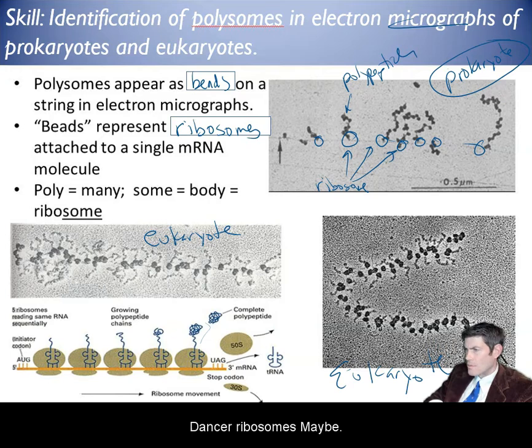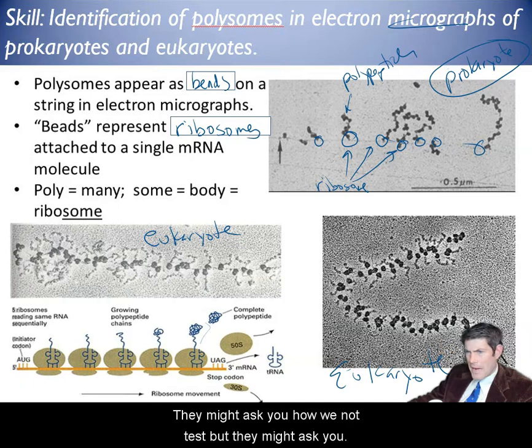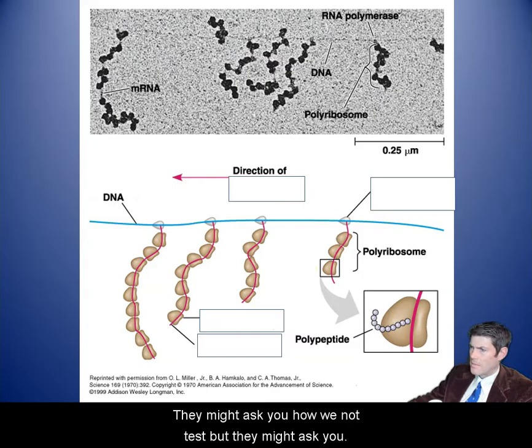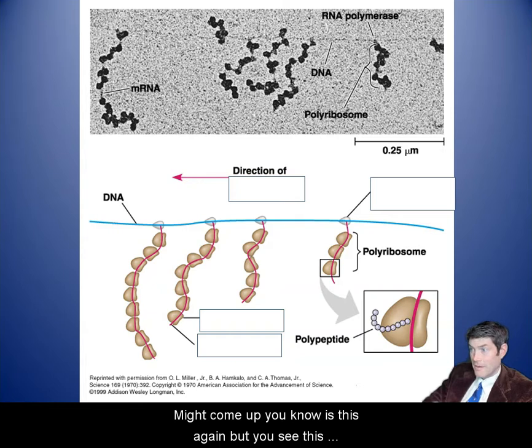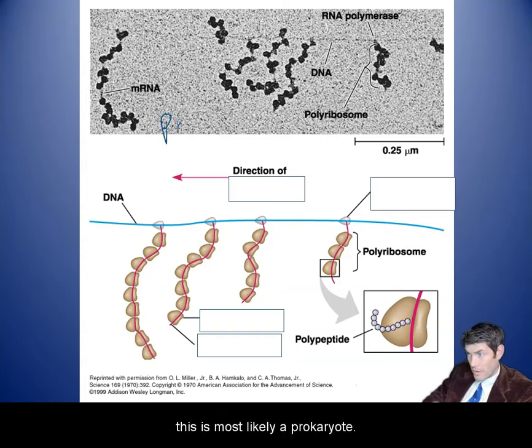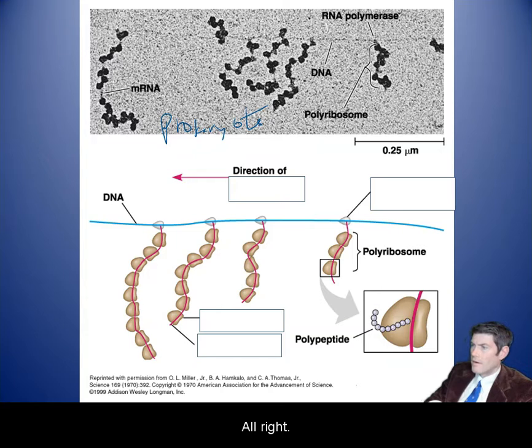Denser ribosomes, maybe more efficient, lots of proteins being produced at once. They might ask you, probably not on a test, but it might come up, this is most likely a prokaryote, right? All right.